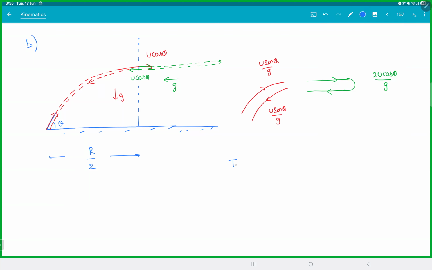The total time of flight will be 2u by g times sine theta plus cos theta. Easy? So once you cross the boundary, it becomes a 1D motion. It just goes in a straight line and comes back. And it will retrace the path. Any doubts on this?